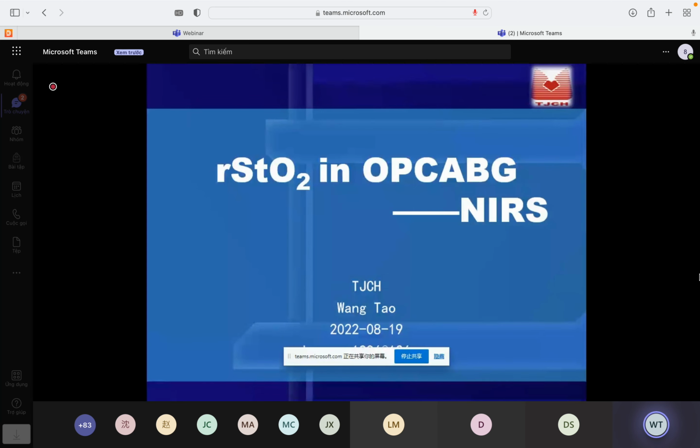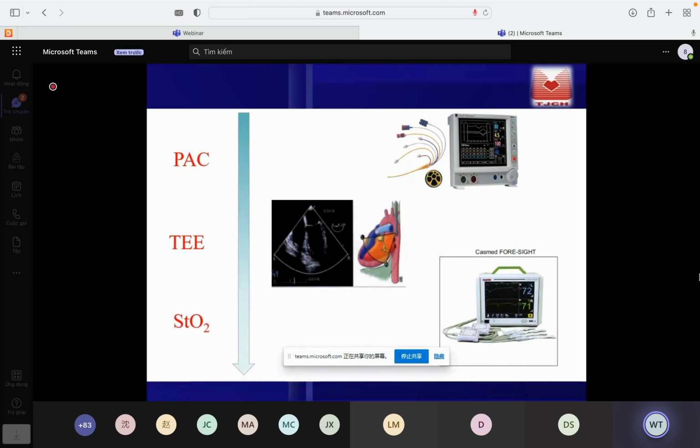It's my honor to be here to share experience in regional tissue oxygen saturation monitoring in off-pump coronary artery bypass surgery in Tianjin Chest Hospital. My name is Wang Tao from the anesthesia department. In the 1990s, the pulmonary artery catheter was first introduced into clinical practice in our department.